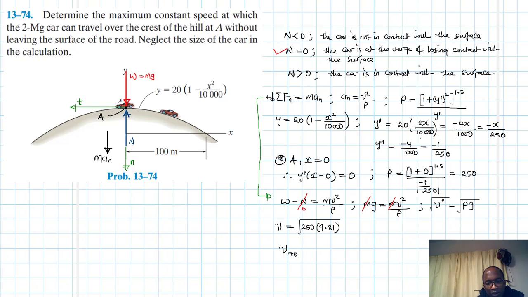Let's work it out: square root of 250 times 9.81 gives us 49.52 meters per second. So this is the maximum speed that the car can drive over the hill without losing contact.